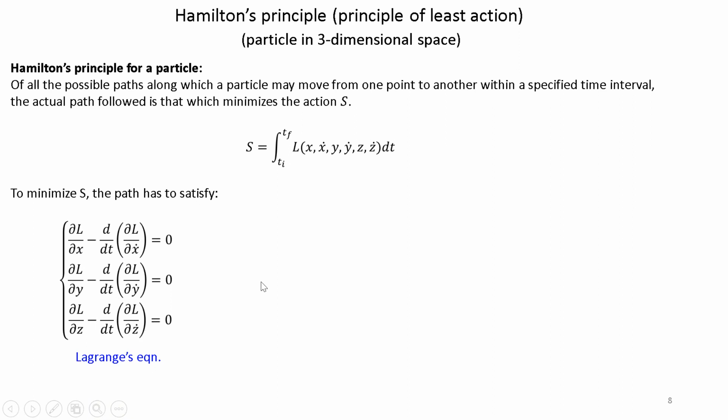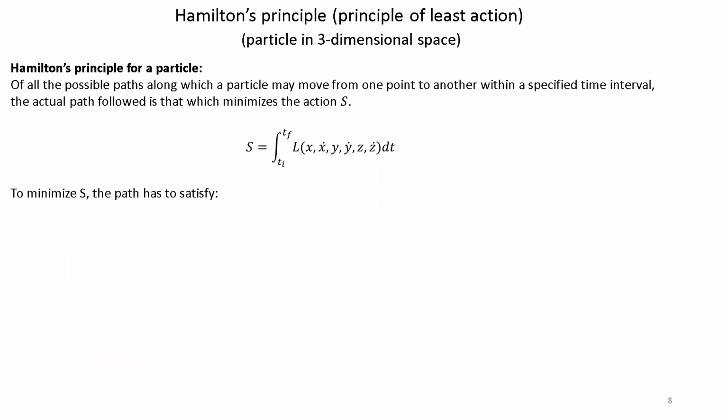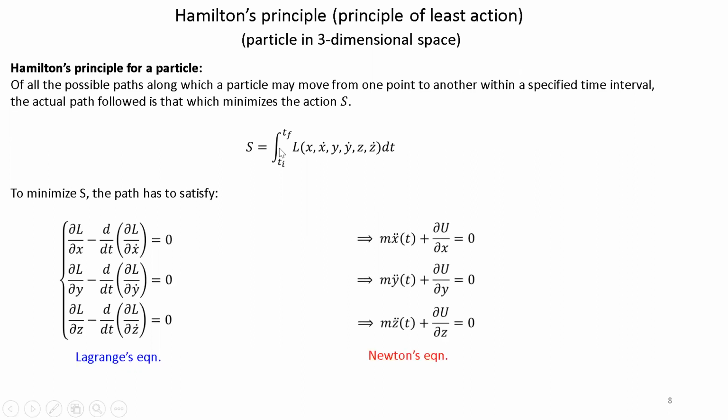Then if you go ahead and actually take the derivatives, what you have are the 3 equations of motion, the same as what you got if you consider the x component of the force, the y component of the force, and the z component of the force.